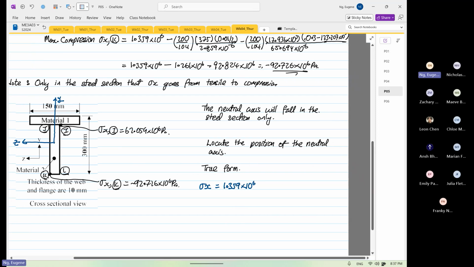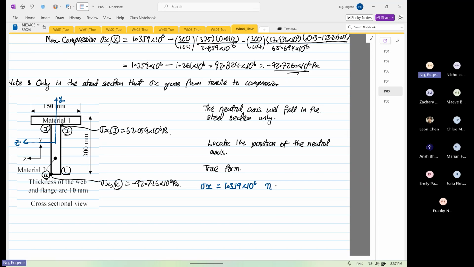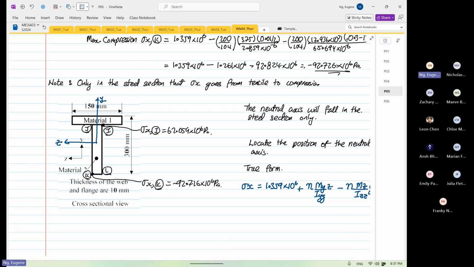And then we have minus, then we have the formula, or this will be positive, My over Iyy multiplied by z, minus Mz over Izz multiplied by y. Yz is negative because positive by right should be pointing towards the right. This time the z is pointing towards the left. That's why it's negative.